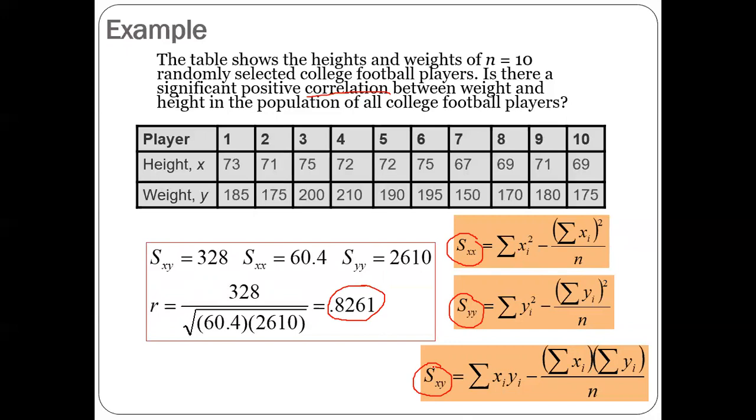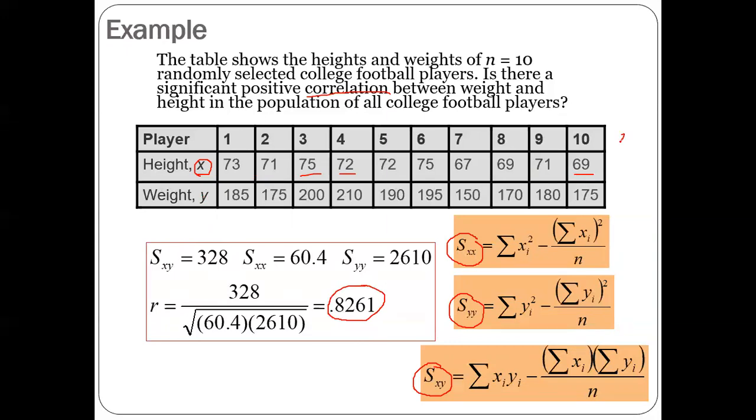Now the first step, we must get the average mean for the value of the X variable, that is H. How to get the average? You must total up the values 73 plus 71 plus 75 plus 72 until the rest of the 10 players, that is 69, and divide by 10.